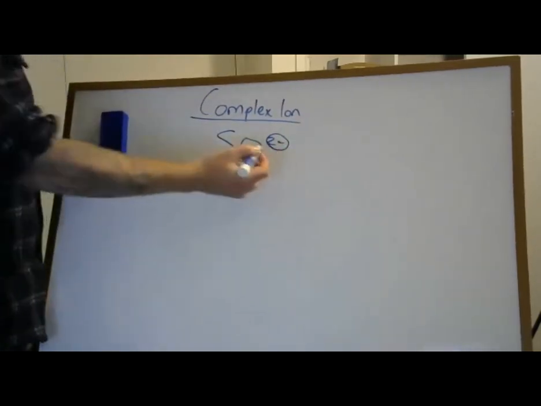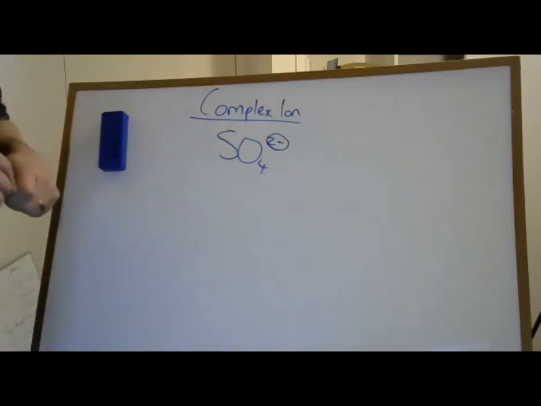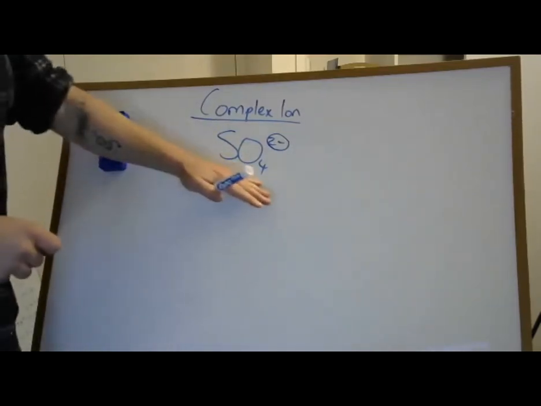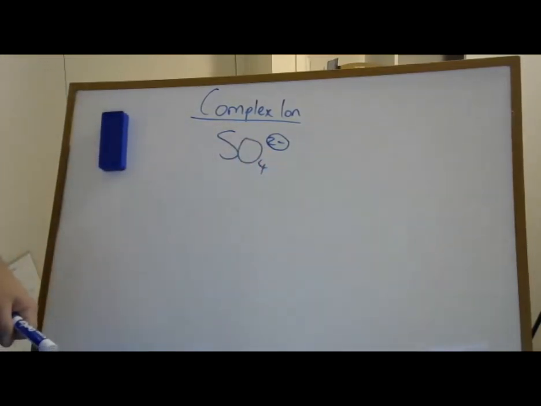Normally it's 0 in all but a couple of these special compounds, but the sum of the oxidation states of this has to equal -2. Again, we will go into finding some oxidation states soon.